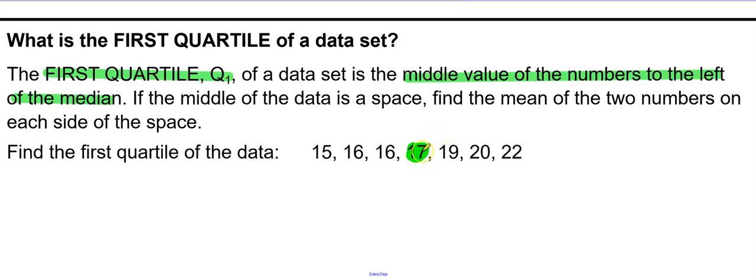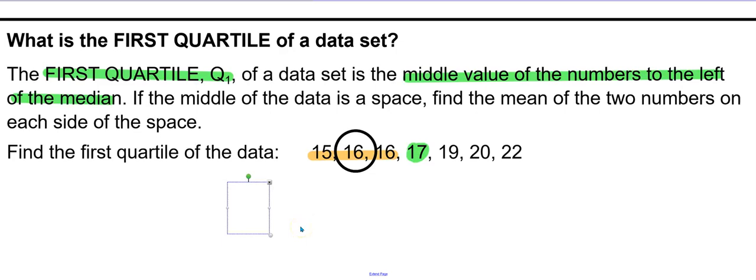We said 17 was my median. There are 3 pieces of data to the left and 3 pieces of data to the right, but we're looking at the first quartile, so that's this one. That lets me know the middle value is right here. That is Q1.